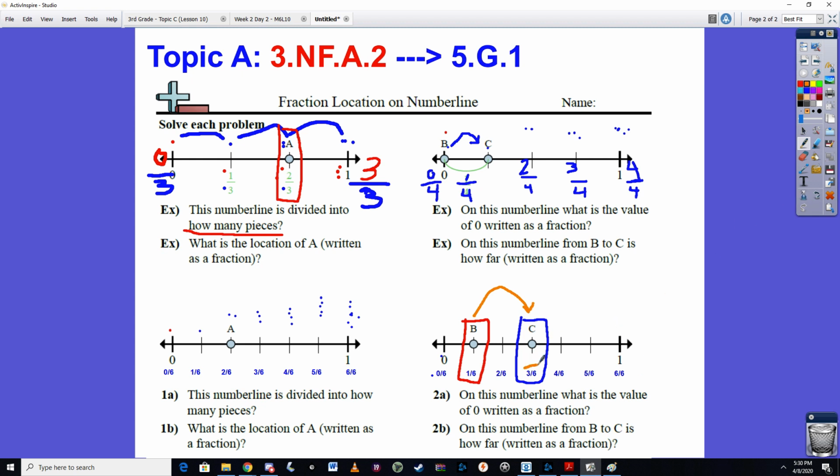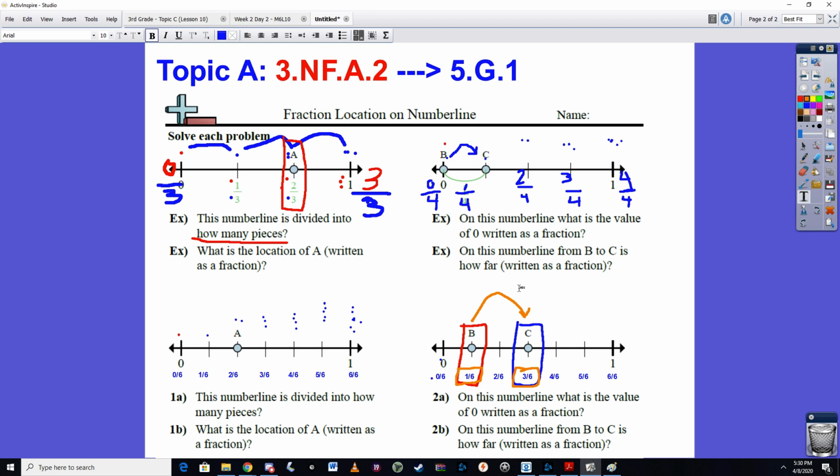You could take 3/6 minus 1/6. 3/6 minus 1/6 equals 3 minus 1 is 2, and your denominator always stays the same. So the answer would be 2/6. So this is what would help you. This standard, which is this work, will help you out with the lesson you're on in mission 6.